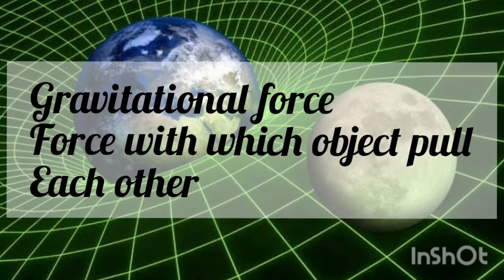That is, the weight of an object on the moon will be 1/6 of its weight on the earth. So, this is about gravitational force. What is meant by gravitational force? The force with which objects pull each other is called gravitational force.